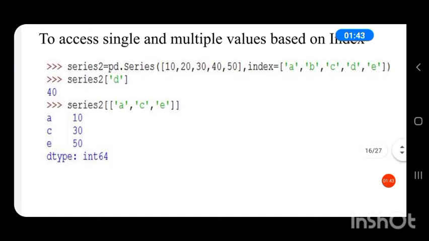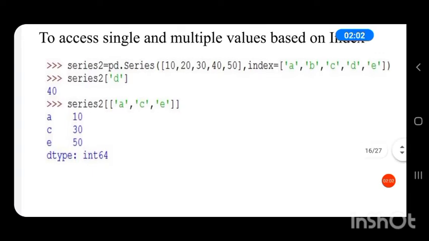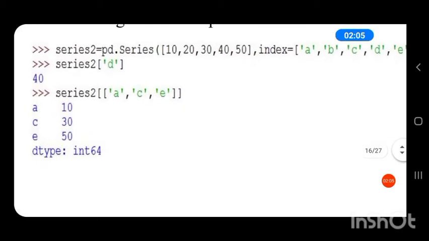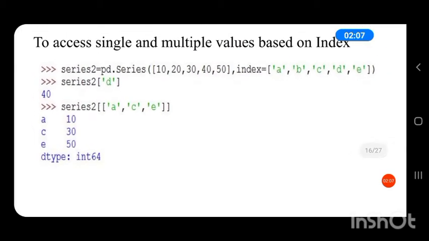So this is the series name, and in the square brackets we have to give the list of indexes for which we have to retrieve the data. So series 2, inside the square brackets a list containing the indices for which we have to retrieve the data.